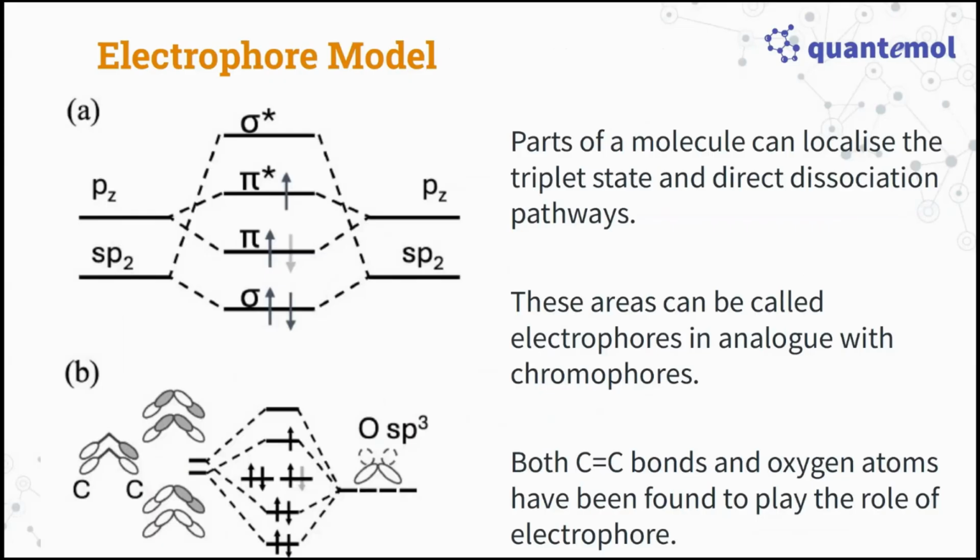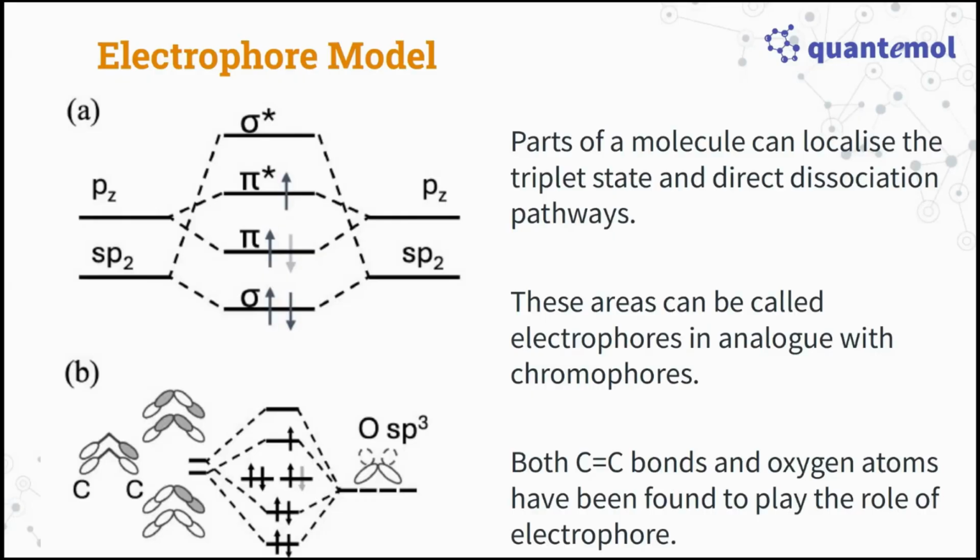And so the idealized dream is, what if we fully understand what these electrophores are, which ones exist, and how they work? Could we predict, Goodwill Hunting style, what type of neutral dissociation pathways we are going to get if we can just look at a picture of a molecule and say, oh, here's your electrophore, here's exactly what's going to happen.